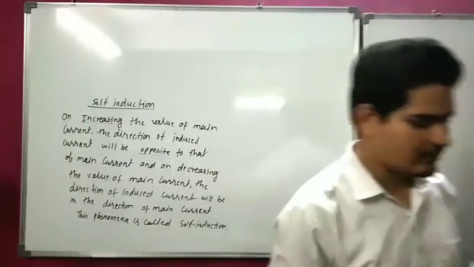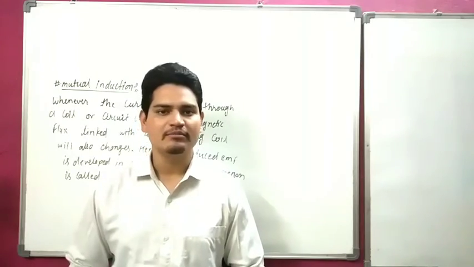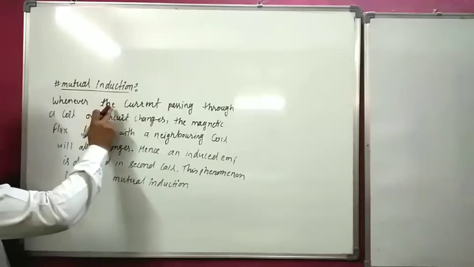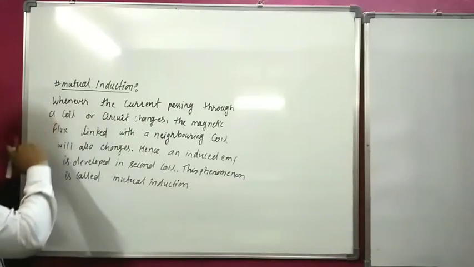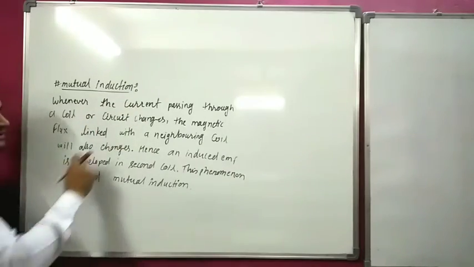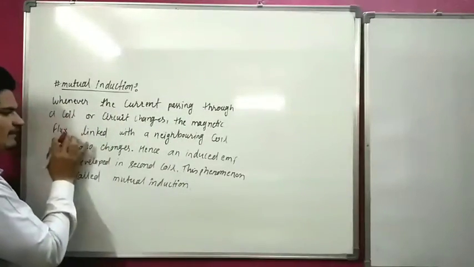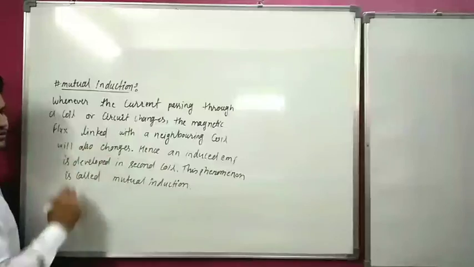Now you can write. Now our next topic is mutual induction. So whenever the current passing through a coil or circuit changes, then the magnetic flux linked with the neighboring coil will also change.